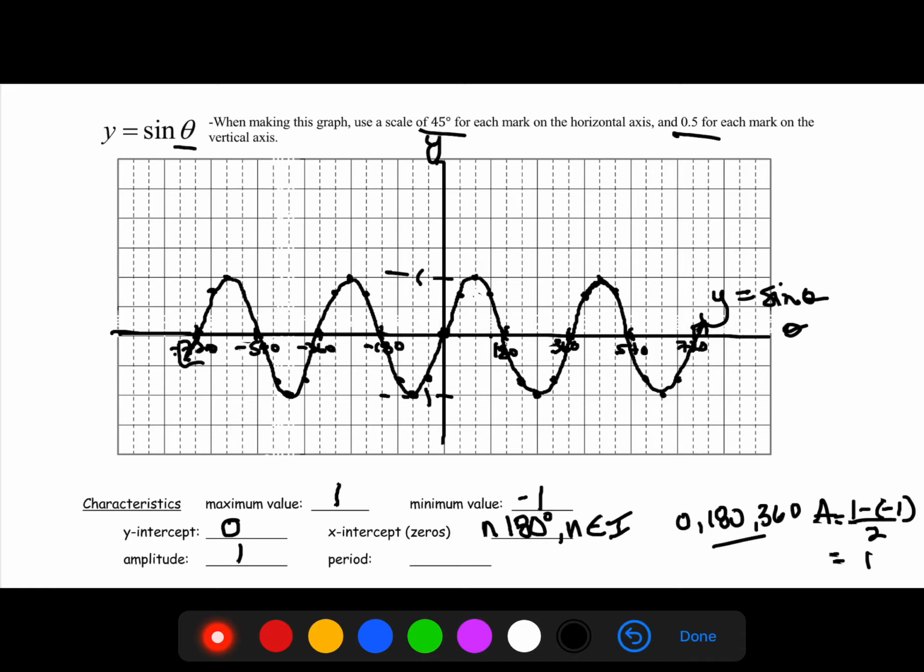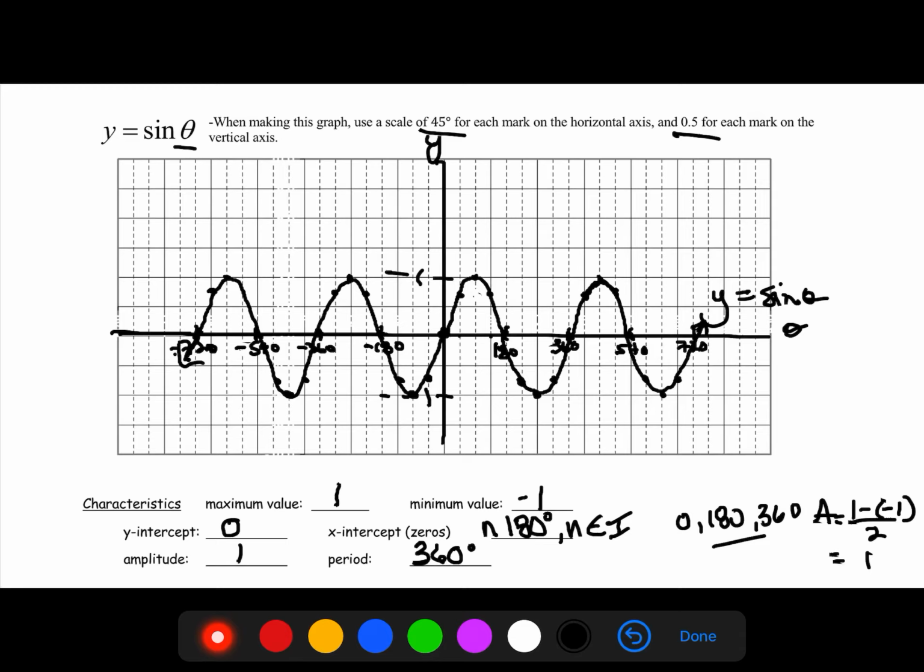Dividing it by 2 means that it is from the middle of our graph 1 unit to the top or the bottom. And we talked about our full cycle, or the period of a cycle, is 360 degrees. 1 full rotation on our grid.